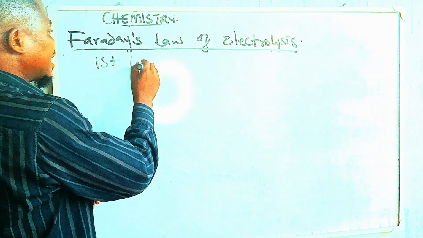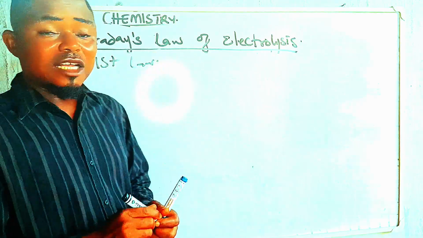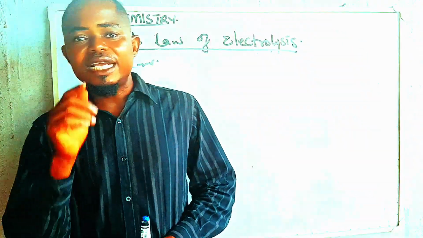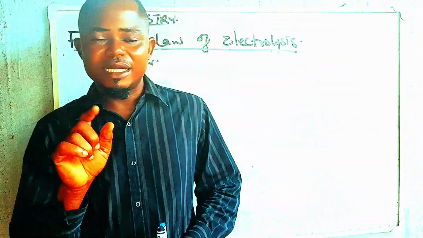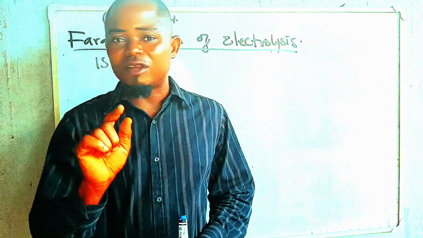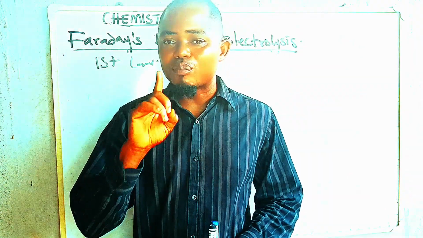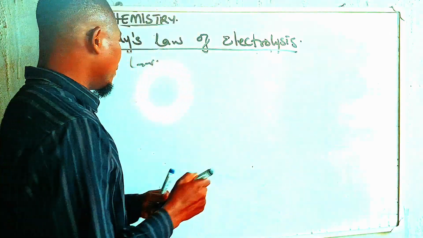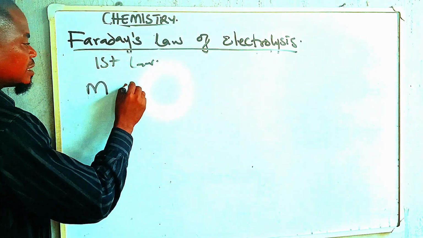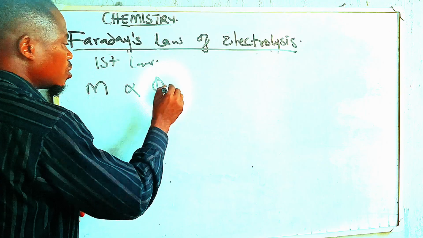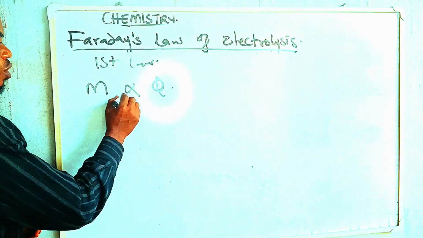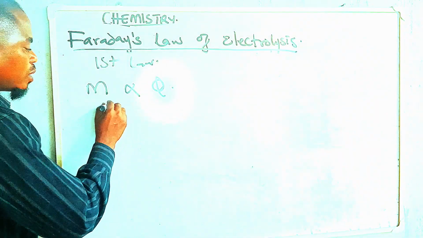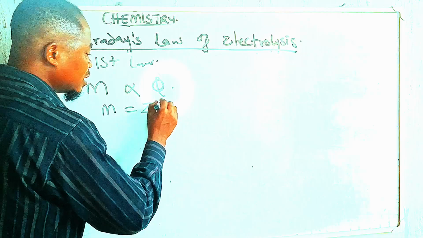The first law states that what? The quantity or the mass of a substance deposited during electrolysis is directly proportional to the quantity of what? Electricity passing through it. So, mass of substance is directly proportional to what? Quantity of electricity. To remove this proportionality sign, we are going to have mass equals what?